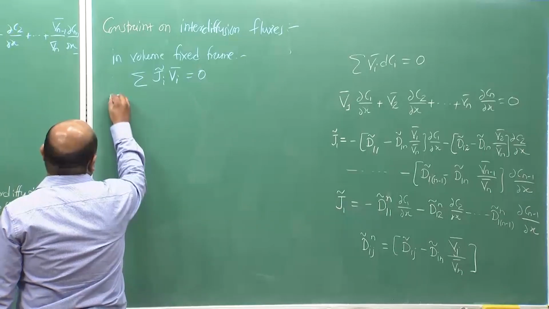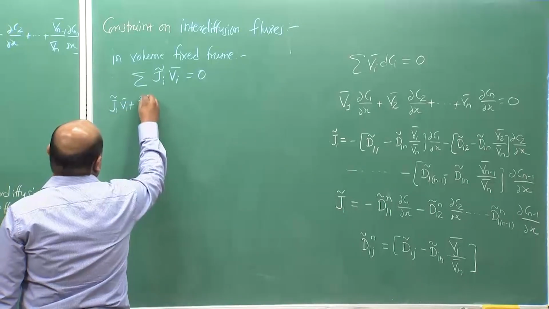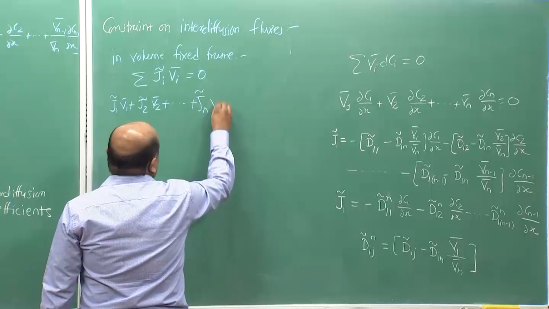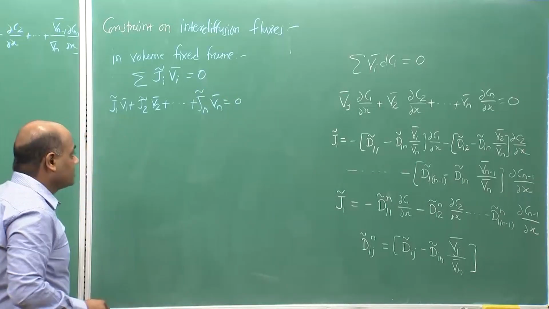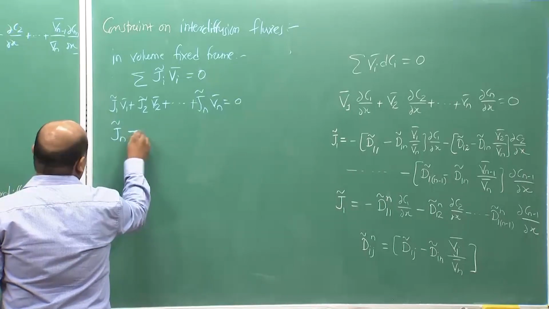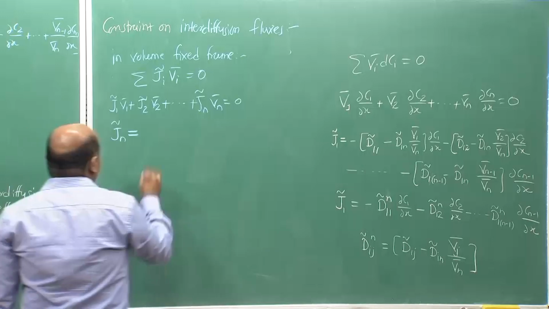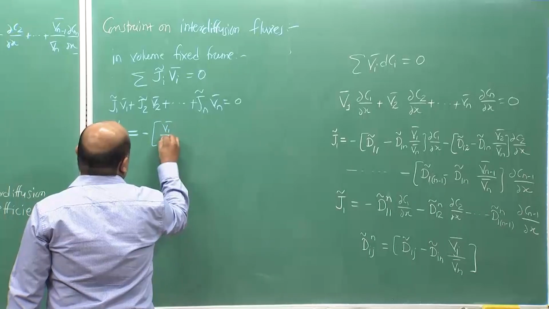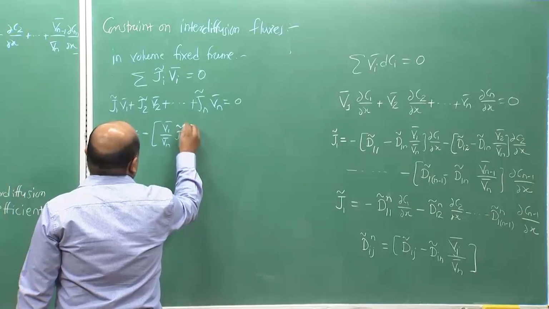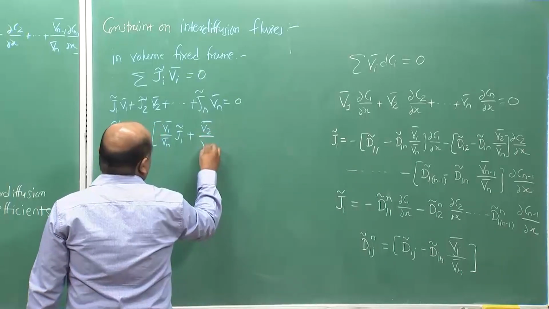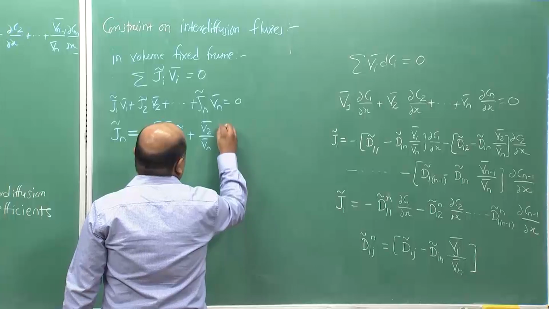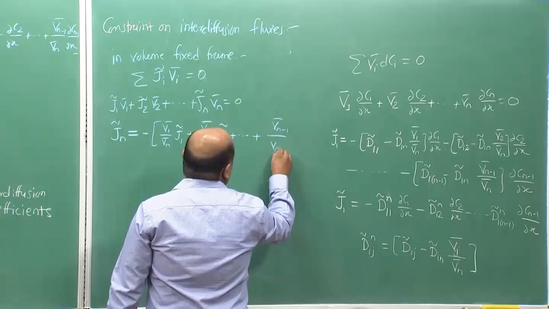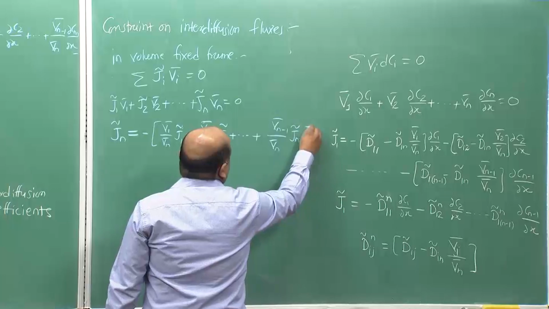So, we can write J_1~ V_1-bar plus J_2~ V_2-bar and so on plus J_n~ V_n-bar should be equal to 0, which means J_n~ is given as minus V_1-bar over V_n-bar J_1~ plus V_2-bar over V_n-bar J_2~ and so on, V_(n-1)-bar over V_n-bar J_(n-1)~.